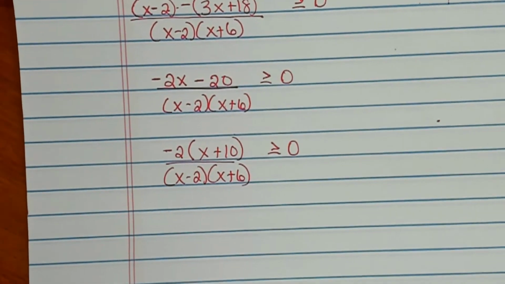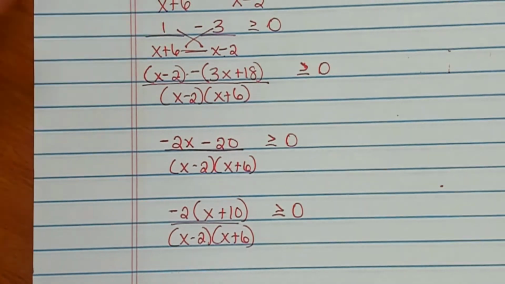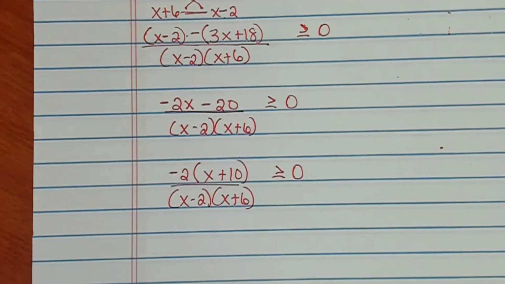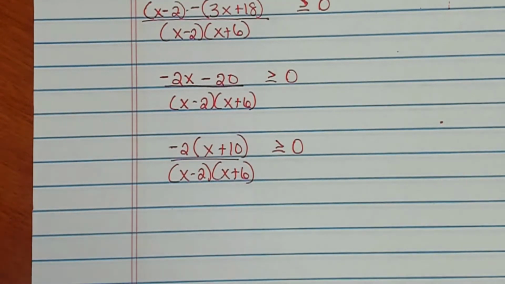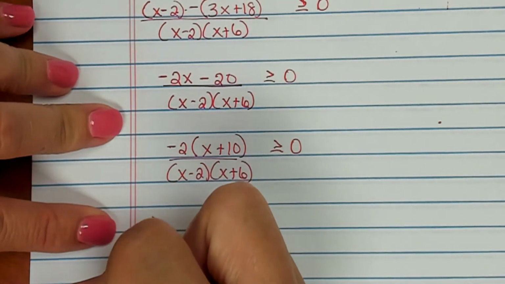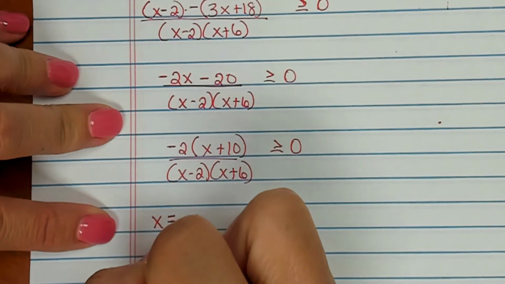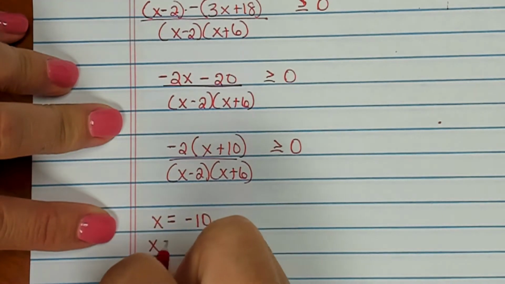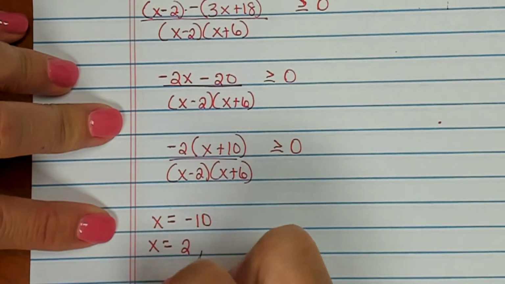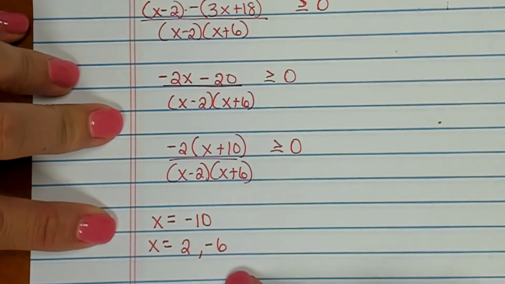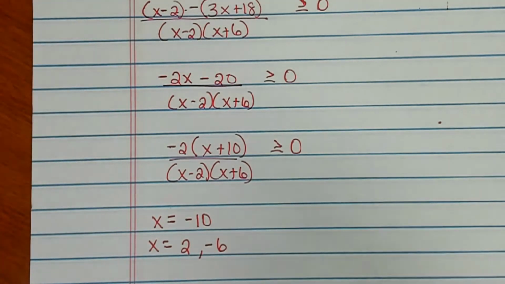Again, I don't have my graph, so we're not going to refer to it, but I still need those x-intercepts. So I'm going to use x equals negative 10, and where my function is undefined, which is at x equals 2 and negative 6.